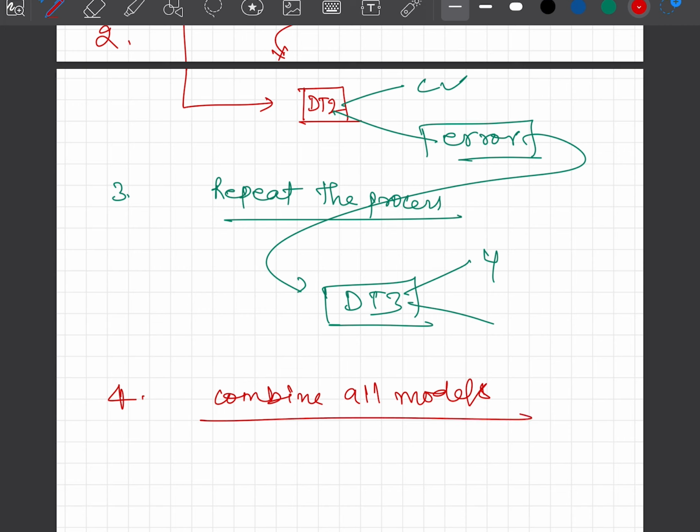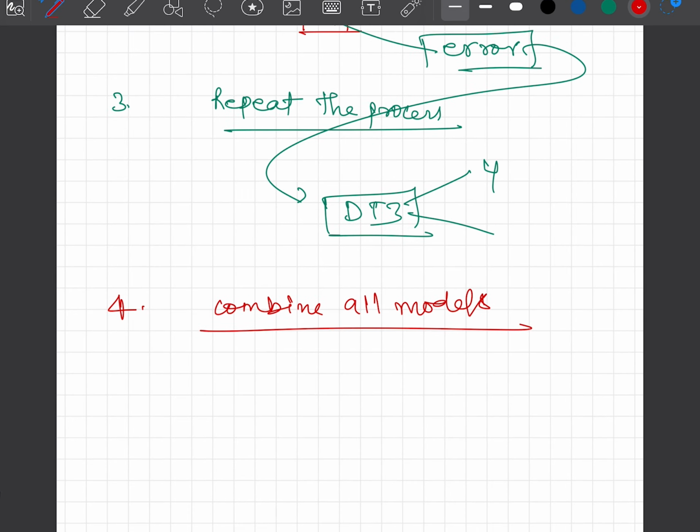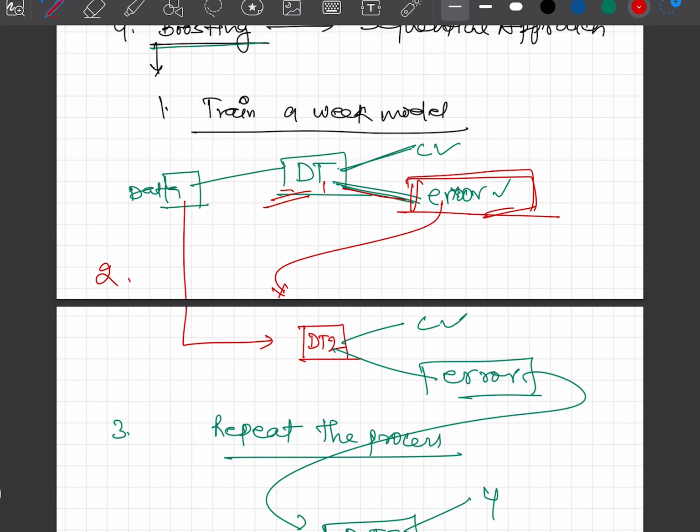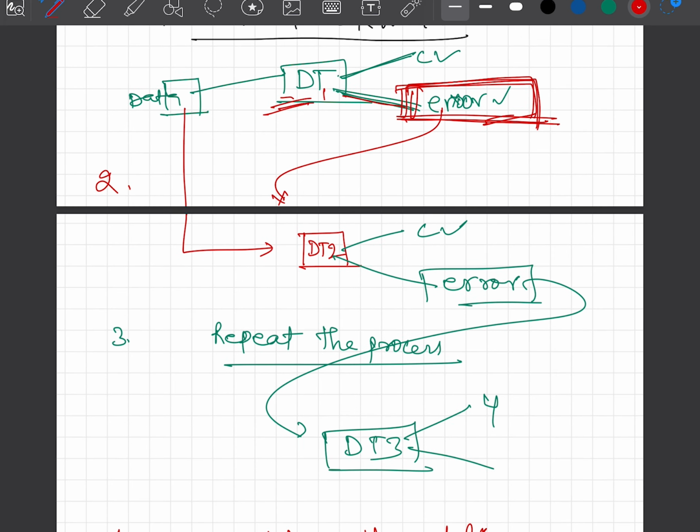That means all the weak models are combined in a weighted way to make the final prediction. Or I can say we are giving more weightage to the predictions that were wrongly made. In the first model, we had a few correct predictions, but we put more weightage on the predictions wrongly made by model 1.